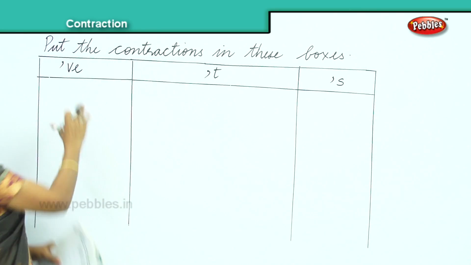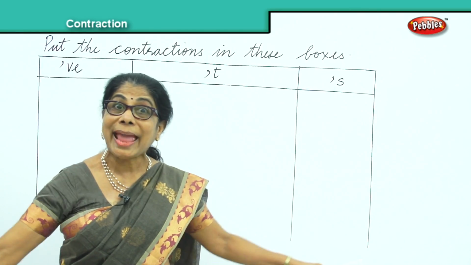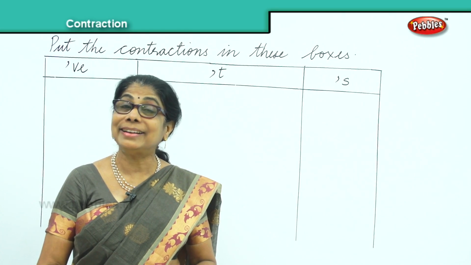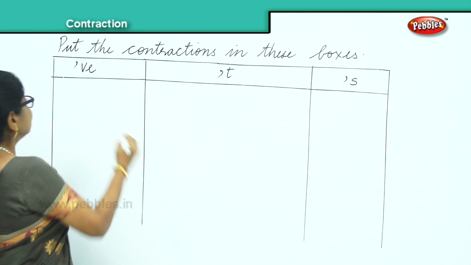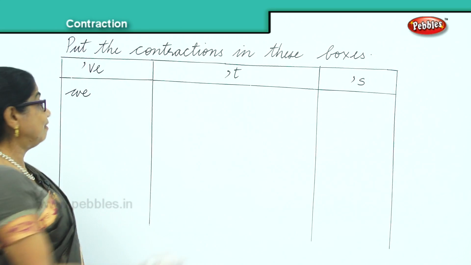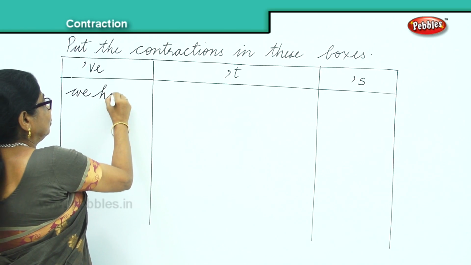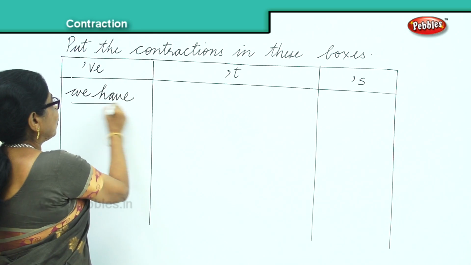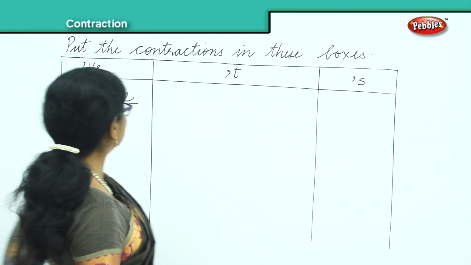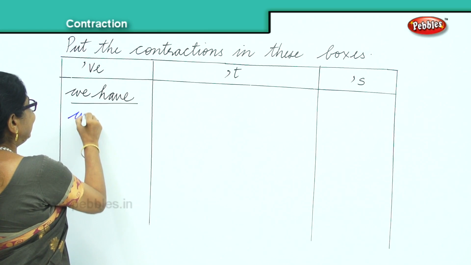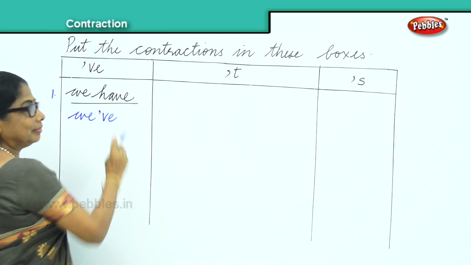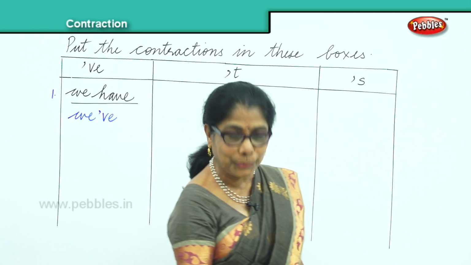Now here we have learned we have. Yeah, we have a games class right now. Okay. So we have. Now we have to write this in contraction. So how will you write we've? So we'll write we and then we've. You see that? So that's what we are going to do now.